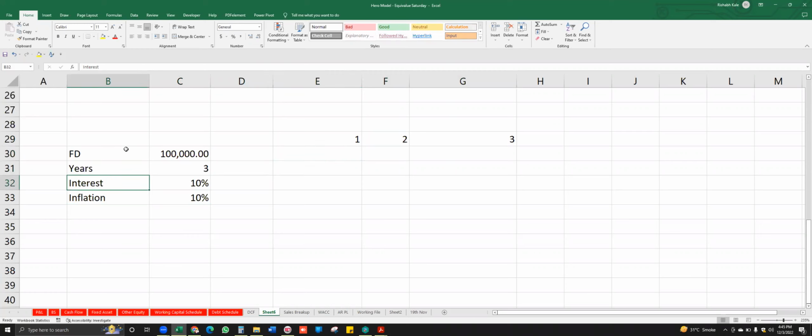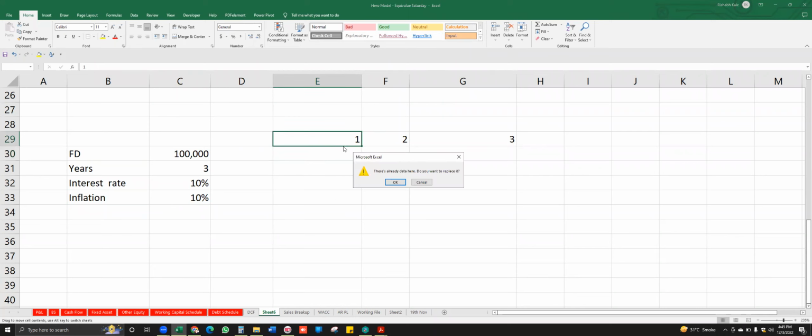The interest rate is 10%. You have invested in an FD, everyone knows, no? Fixed deposit. I'm saying that a fixed deposit gives 10% interest. So what is the money that you will get in 1, 2, and 3 years? What is the money that you will receive?